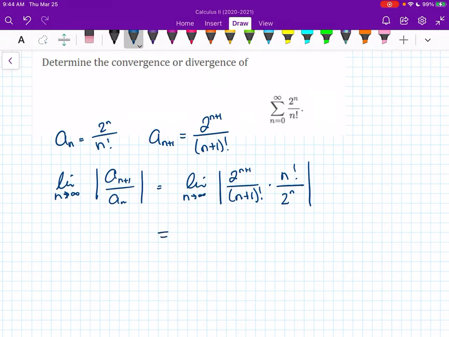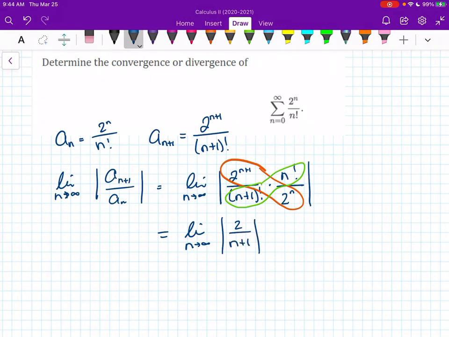And then I can go ahead and cancel a whole bunch of 2's. I'm going to cancel n 2's. So now I have the limit as n goes to infinity, and I have 2 on the numerator. And then on the denominator I can cancel 1, 2, 3, 4, 5, 6, all the way up to n. So then I'm just left with an n plus 1. And so that limit as n goes to infinity equals 0, which is less than 1.